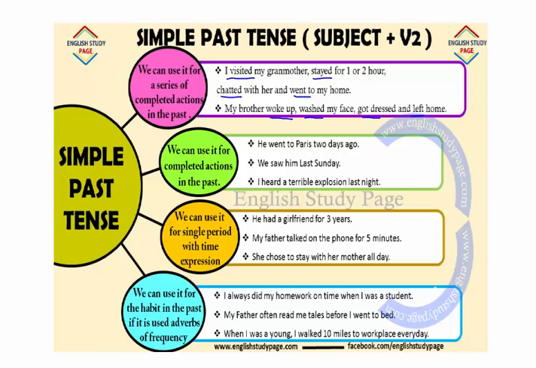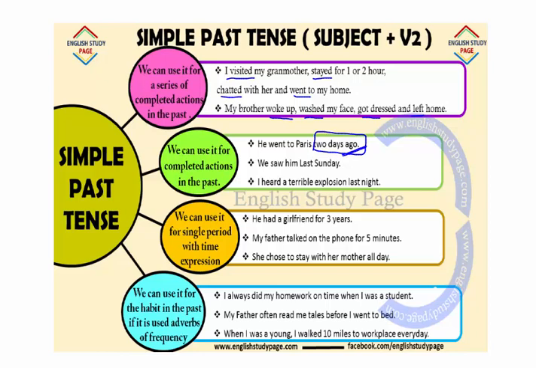The second thing is we can use it for a completed action in the past. He went to Paris 2 days ago. Mostly these types of time phrases show that this is a past event, like ago, right? He went to Paris 2 days ago.